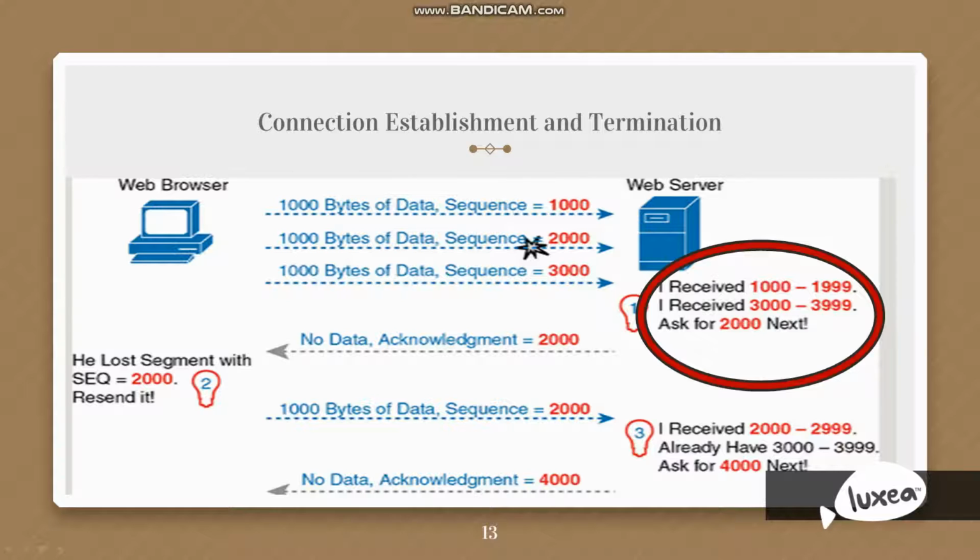The server didn't receive those bytes, so it acknowledges only the data up to the lost data. It will send back a segment with the acknowledgement field equal to 2000. So now the server has received the 2000 sequence and is willing to ask for 4000, which comes next after 3000.